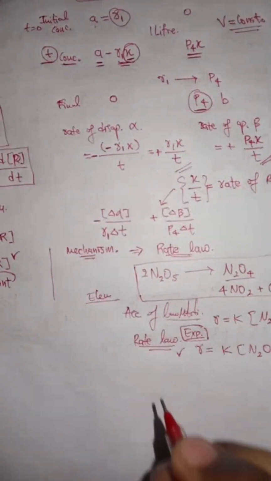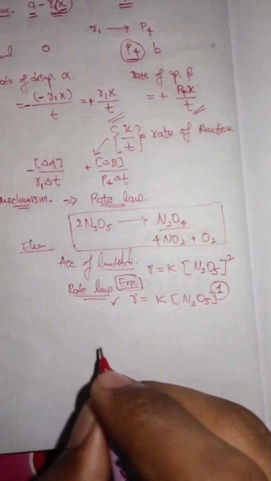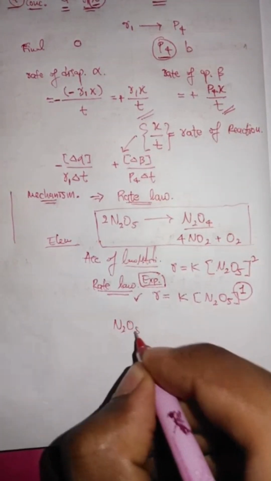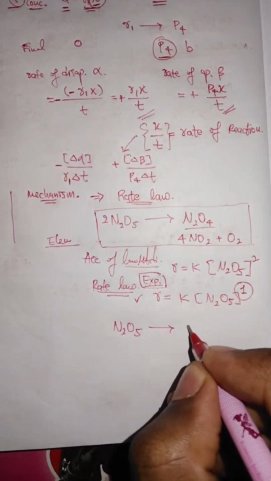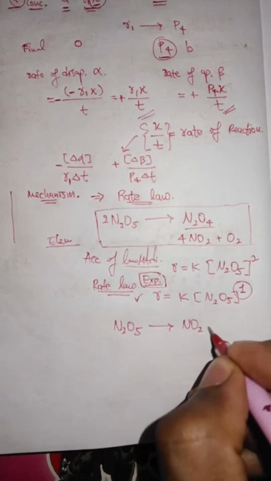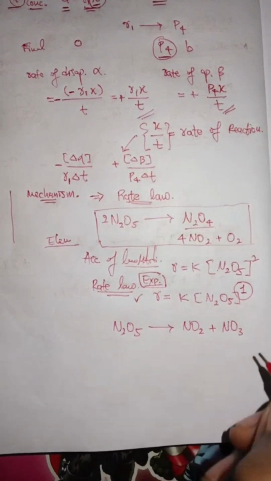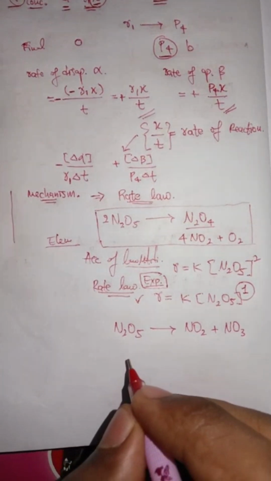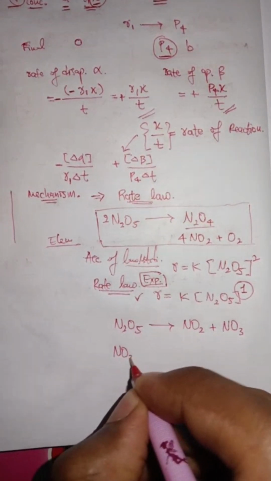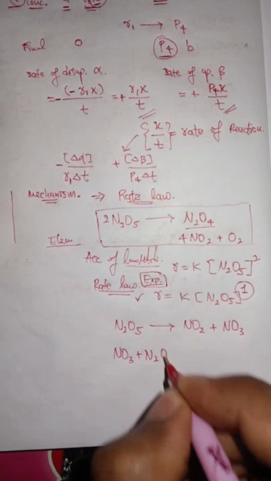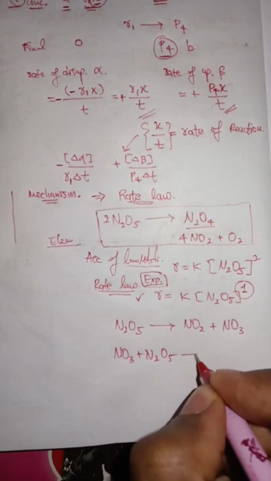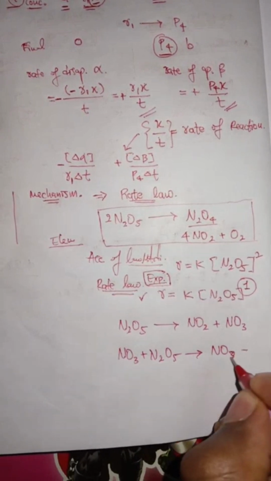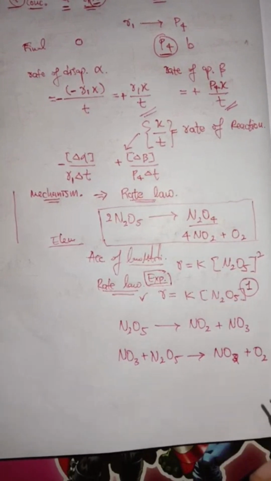And for this reaction, the mechanism is what actually happens, as experimentally found: N2O5 breaks down into NO2 and NO3. Here the NO3 is unstable, and NO3 again reacts with another molecule of N2O5 and gives rise to NO2 plus O2.